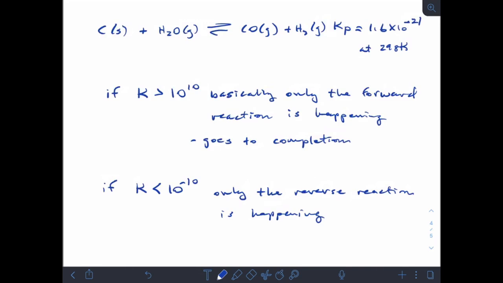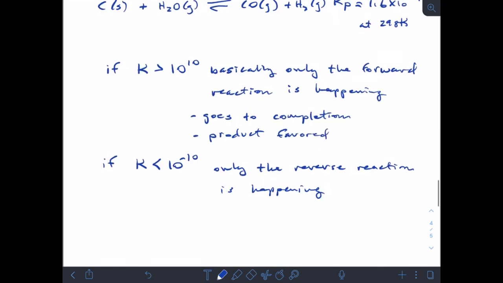So interpreting the magnitude of the equilibrium constant is a fairly normal question. So if you're given a value of K that is very large, you can say that really only the forward reaction is happening. It's very product favored. It's another thing that we can say about it. And if K is very, very small, we can say that it's reactant favored.